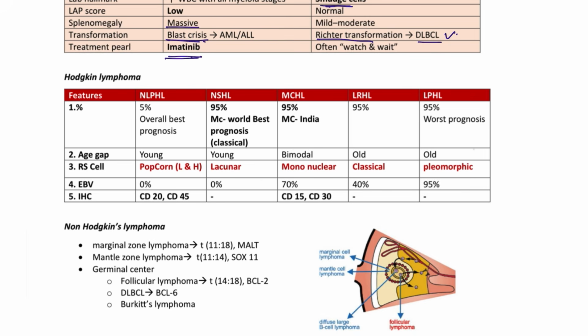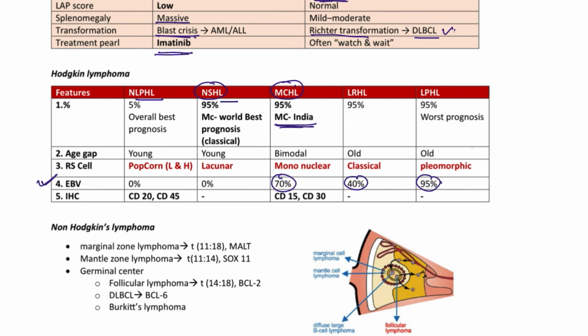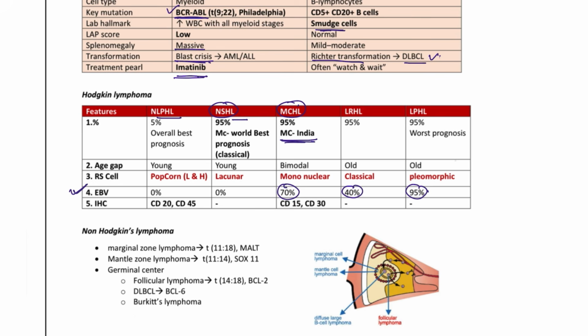Hodgkin lymphoma in India, the most common is MCHL and worldwide NSHL is the most common. And another point that you have to remember, EBV. EBV is involved most commonly in the Indian type, MCHL. There is no involvement of EBV in LRHL and NLPHL types. Okay, so the NLPHL and also NSHL, there is no involvement of EBV.